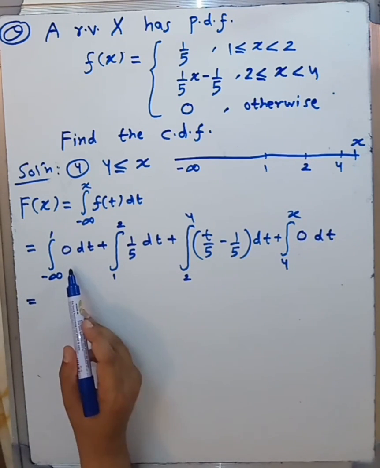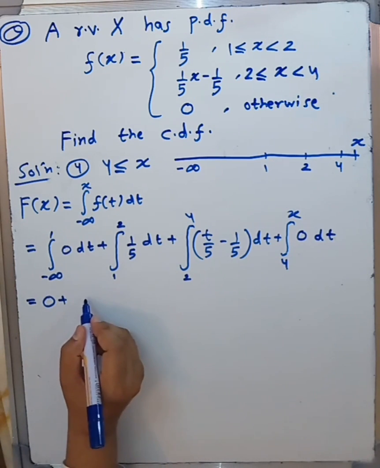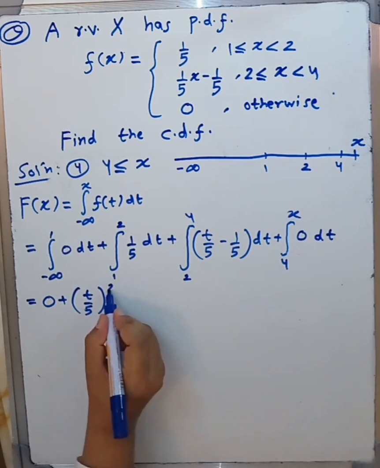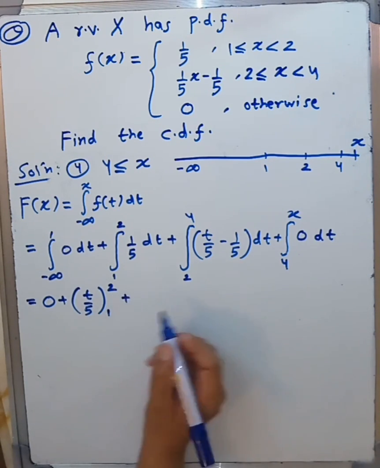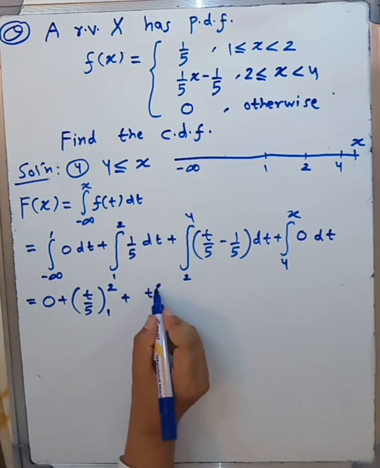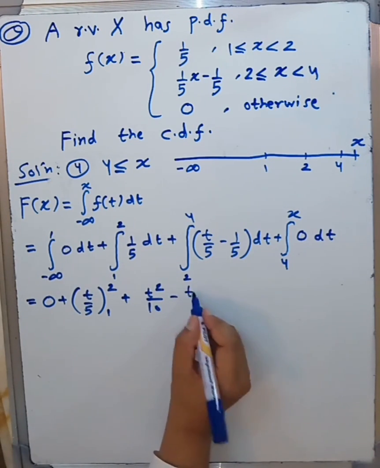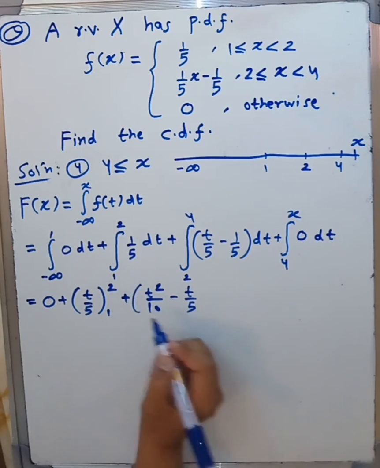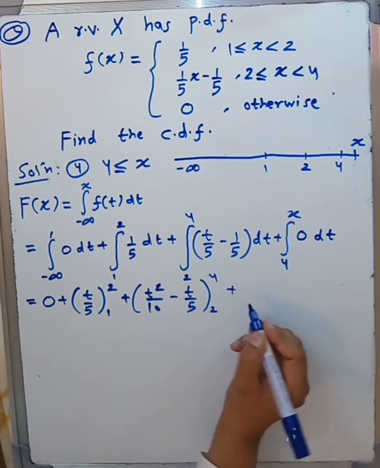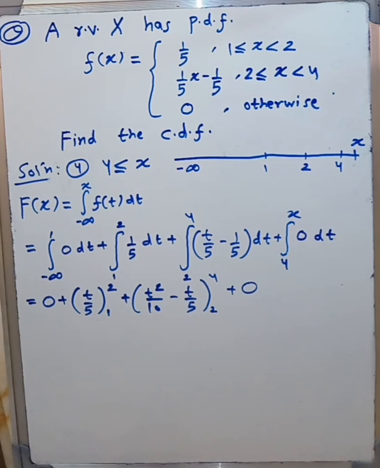So the first integral will become 0. Second integral will give us t by 5 over the limits 1 to 2. This integral will give me t square by 10 minus t by 5 over the limits 2, 4, and the last integral also becomes 0. Let us simplify further.